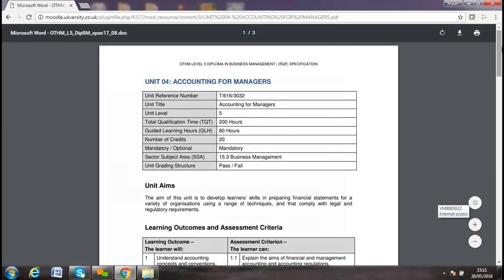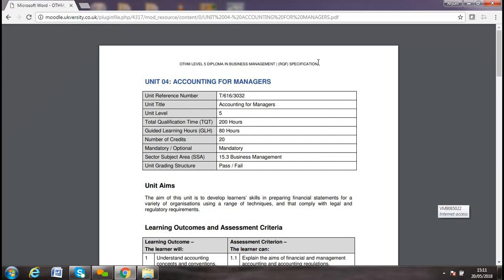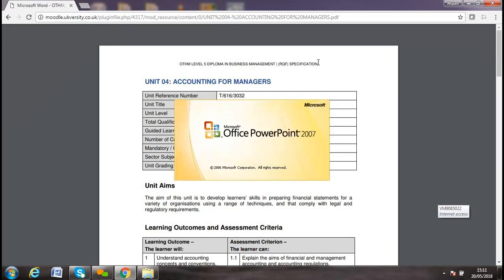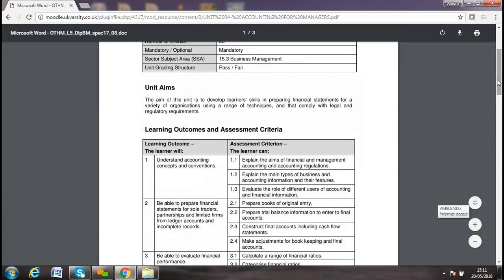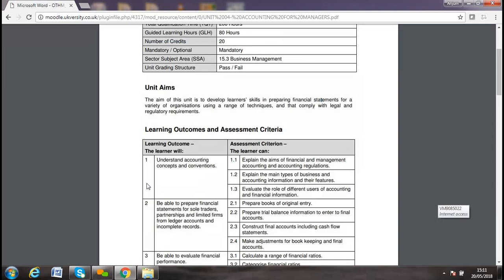So let's start. Unit 4, Accounting for Managers, is about how managers can use business accounting information to make decisions. Today's lesson will focus on LO1, learning outcome 1, assessment criteria 1.1, 1.2, 1.3.